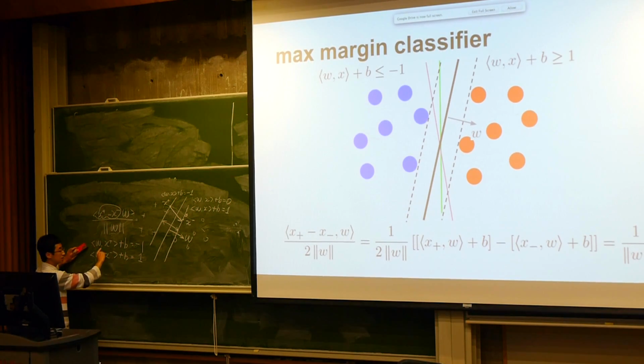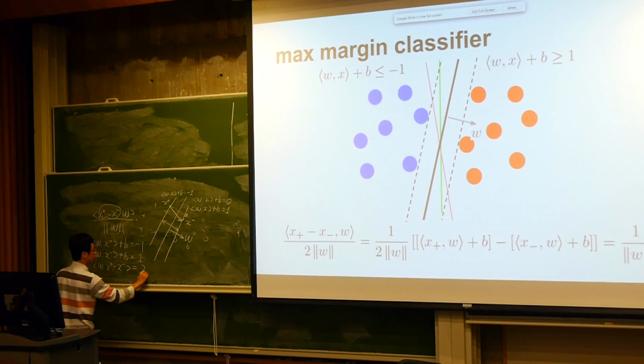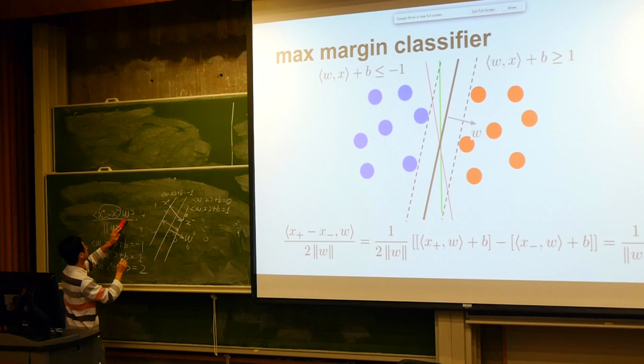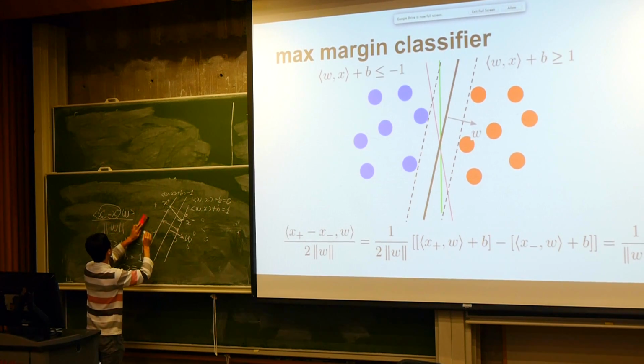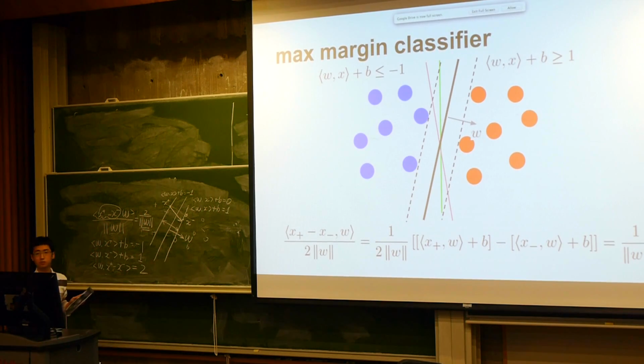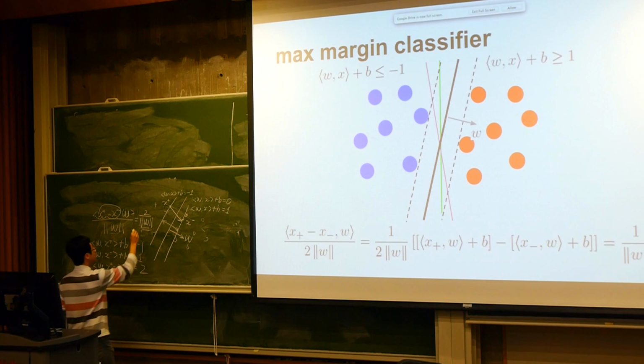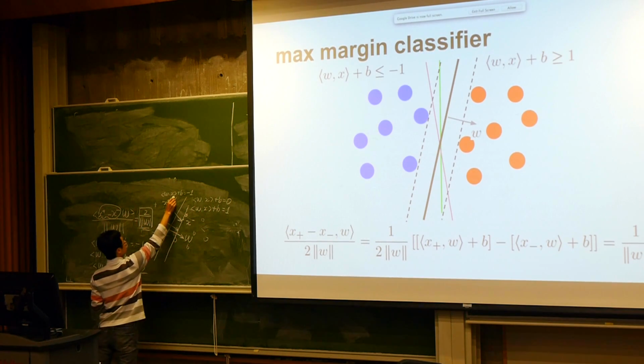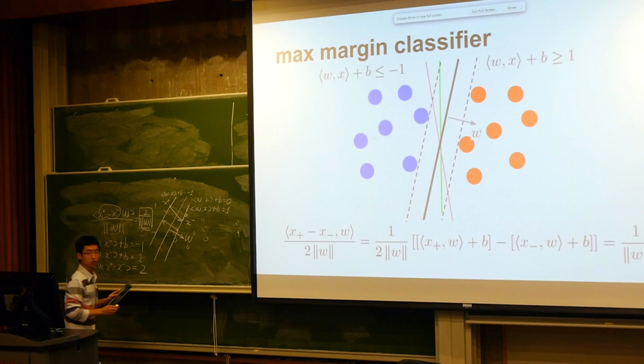Then we subtract these two terms and we get 2. So this is equal to 2 divided by the length of this weight vector. So this is the distance between these two lines. We want to maximize this distance, which is why we call it the max-margin classifier.